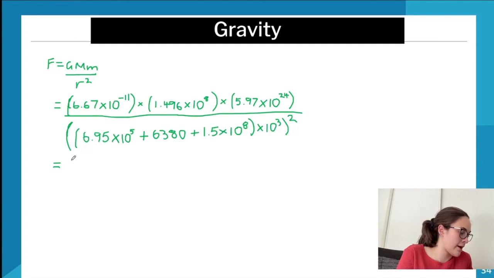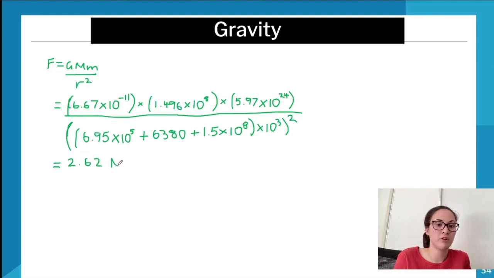When in doubt, add more brackets until your calculator says no. No, same answer. Okay. 2 point, and hopefully you got the same answer too. 2.62 newtons. That was it. Oh, that's rounded, by the way. So, wavy lines.